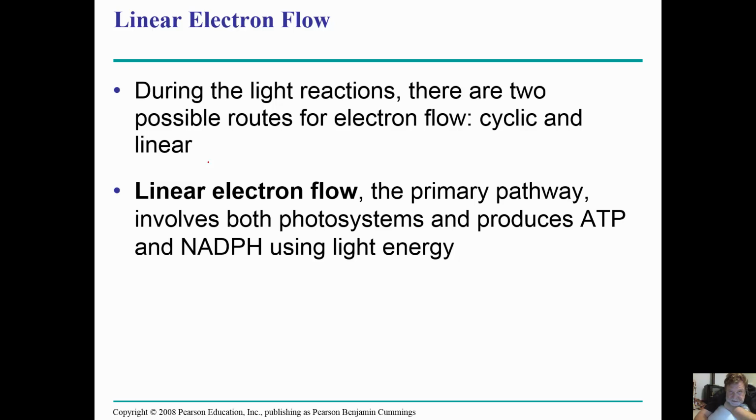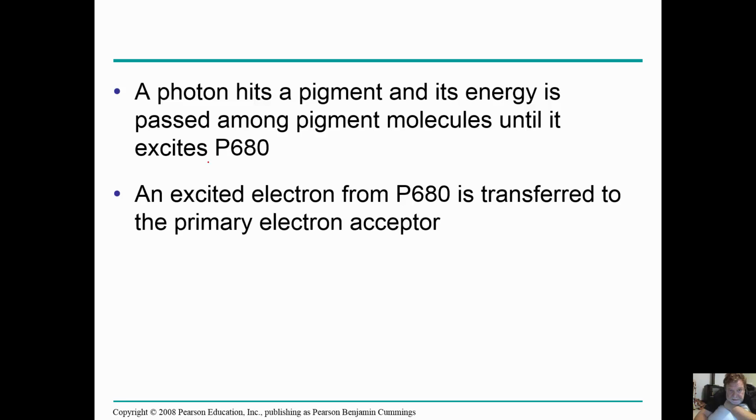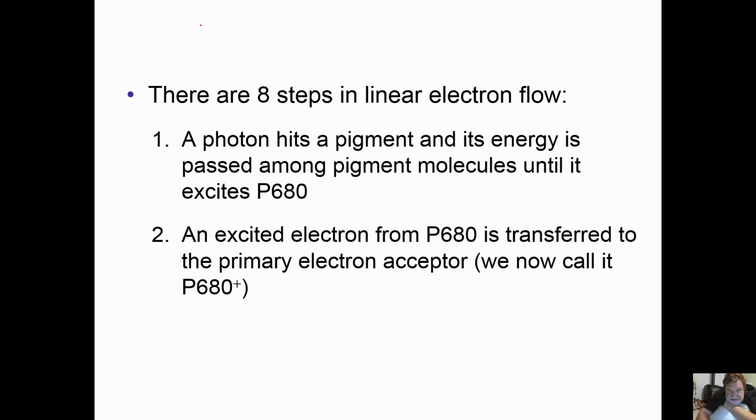Photosystem 1 is best at absorbing wavelengths at 700 nanometers. Again, photosystem 1 was discovered before 2. And what we're going to see is that there are linear and cyclic flows of electrons.